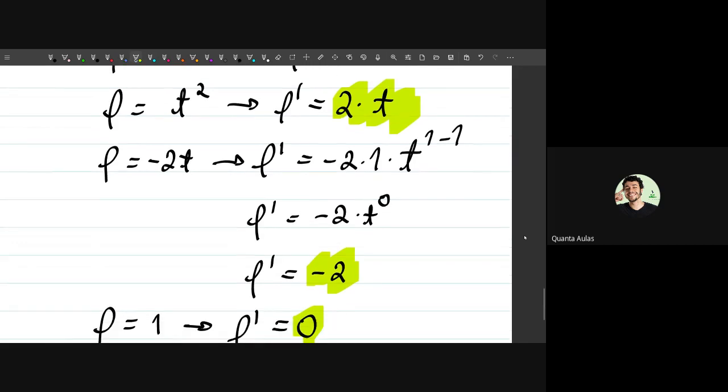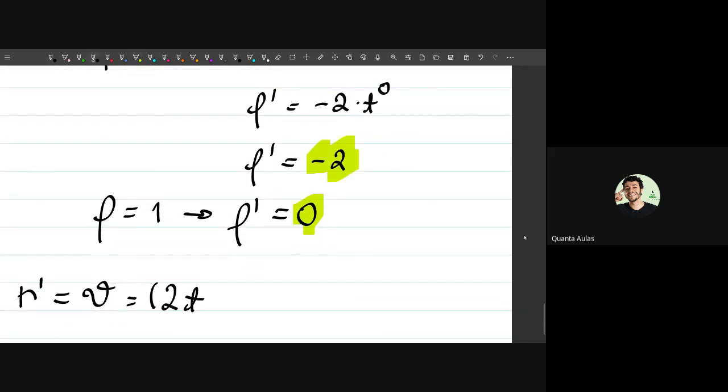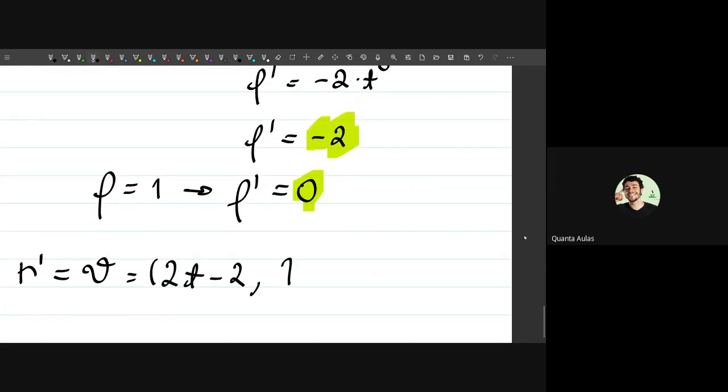So 2 times t minus 2 in the x position. In the y position, you just need to derive these two things too. So what's the derivative of t? Just 1. And the derivative of minus 1 is 0. So we have just 1.